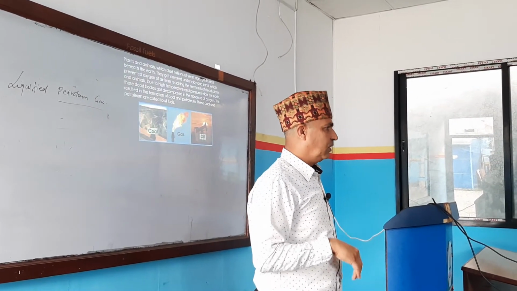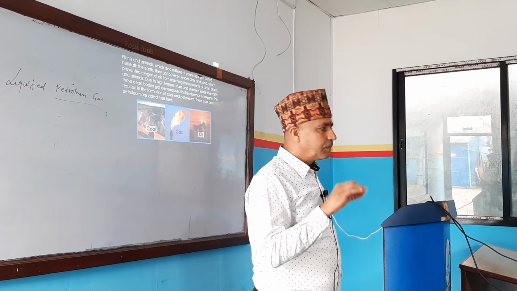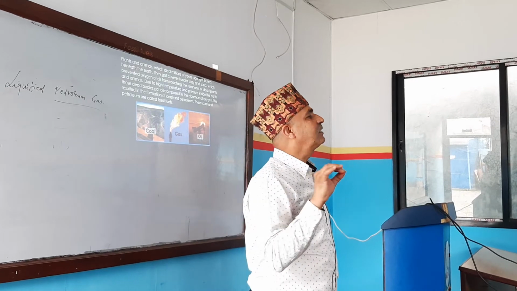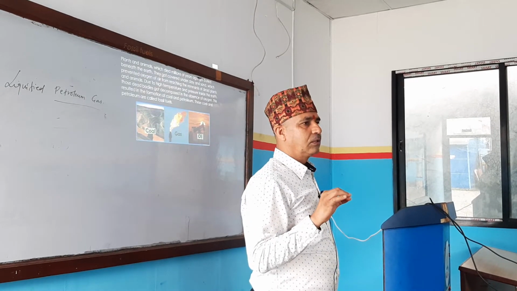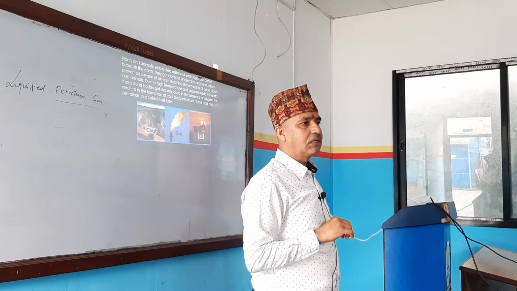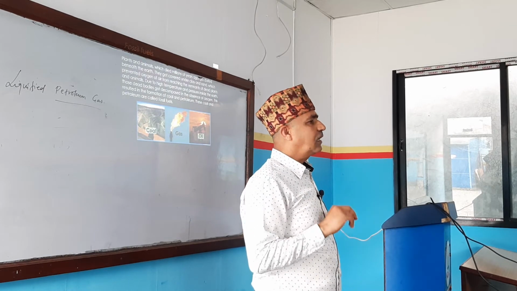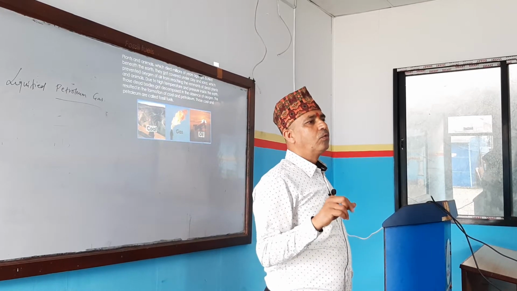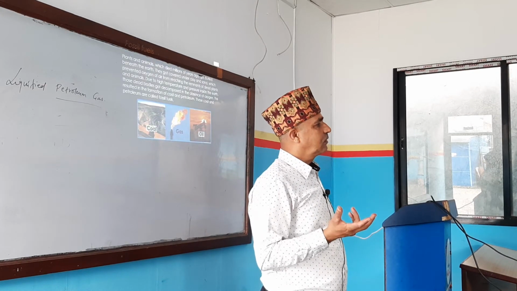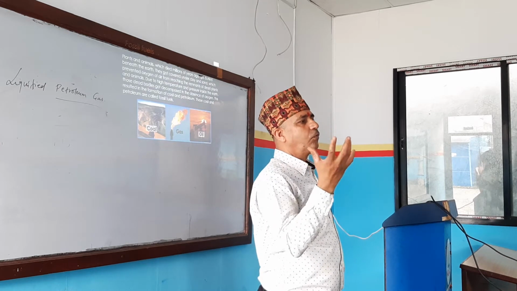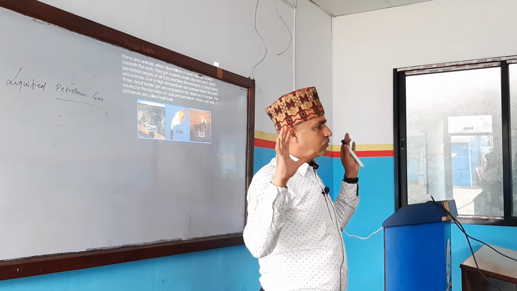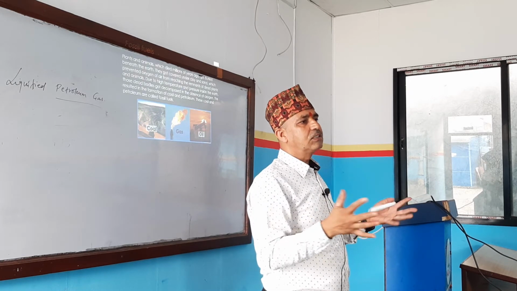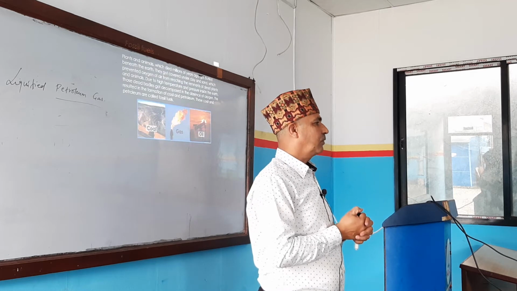It started 65 million years ago. 1 million means 10 lakh years. 65 means 6 crore 50 lakh years ago. At that time, when big masses of forest or animals were buried under the ground, they changed into fossil fuel.